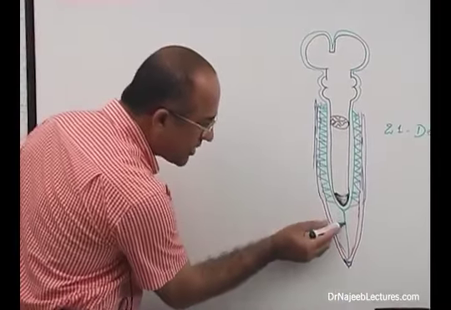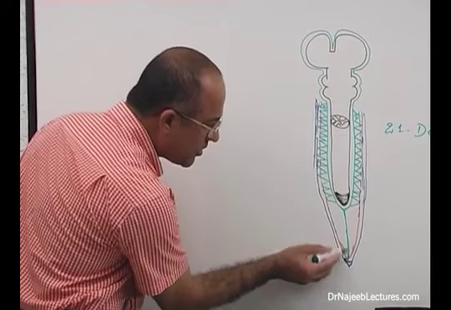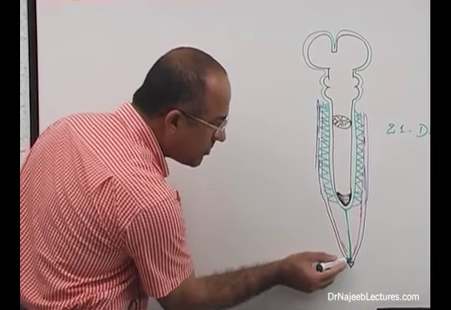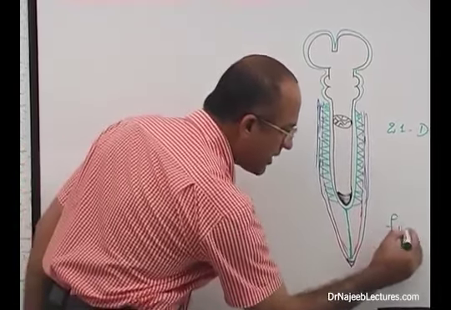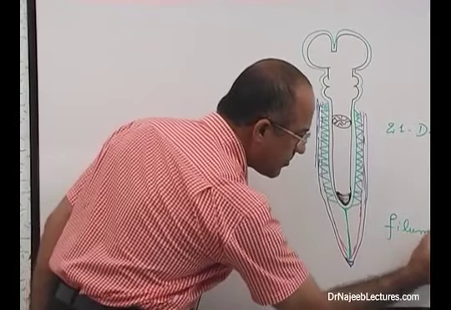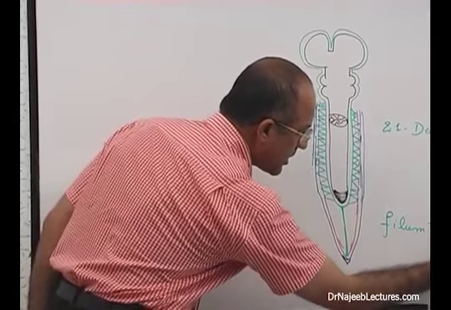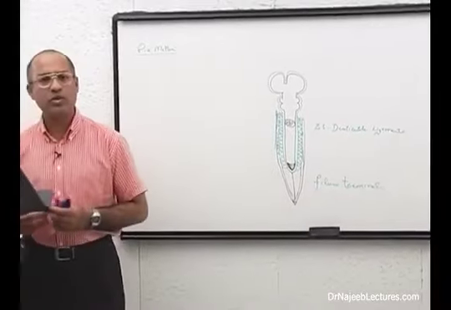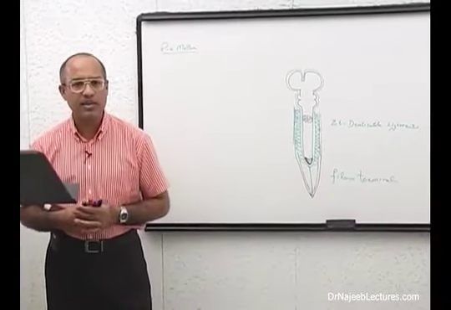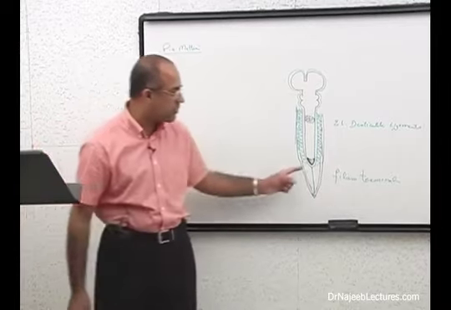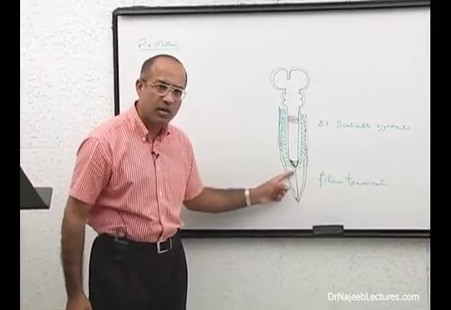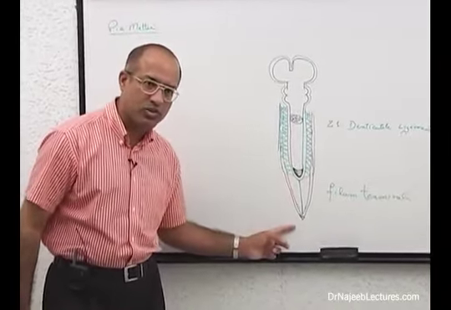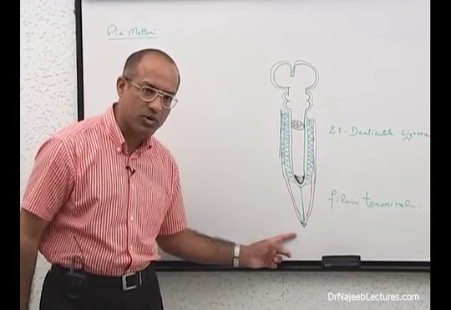This string of pia mater is called, just please note, filum terminale. So what is filum terminale? This is the string of pia mater which extends from the tip of the conus medullaris up to S2. S2 is the sacral vertebra 2, right?